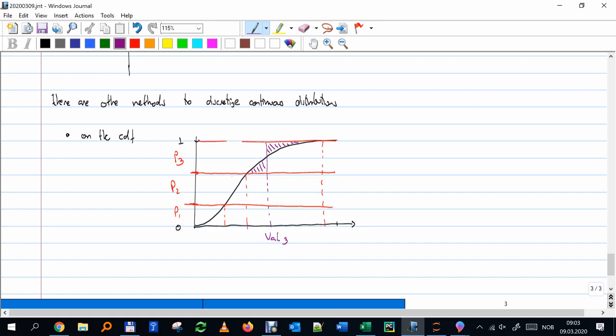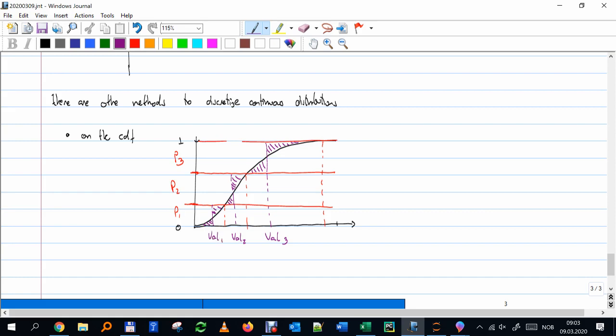Then you do the same here. This will be the value 2, and then you do the same here. Here it's slightly bad. The two areas should be the same. The value 1.